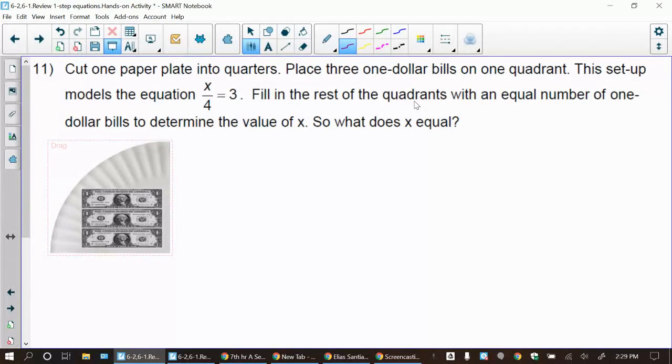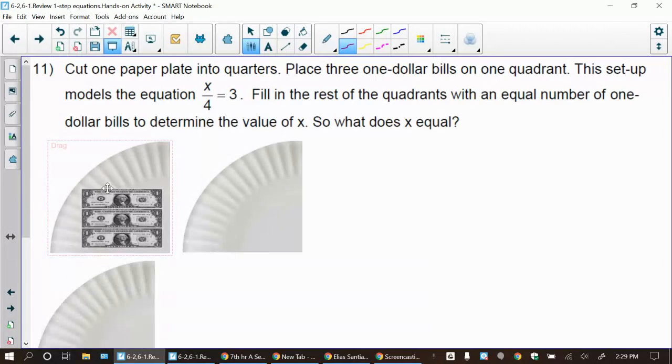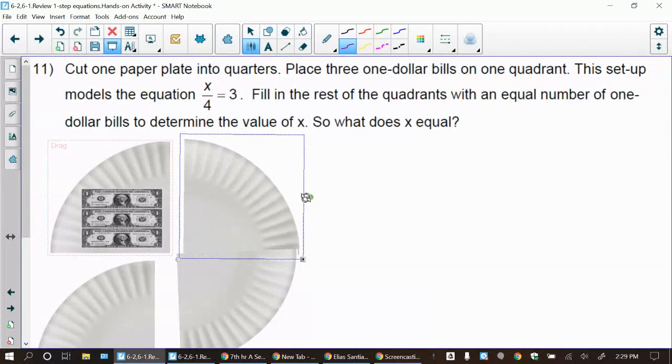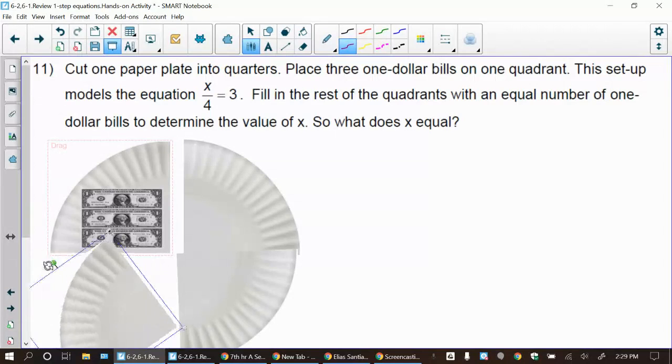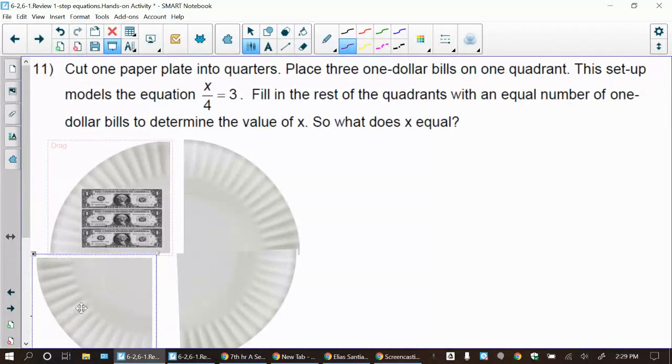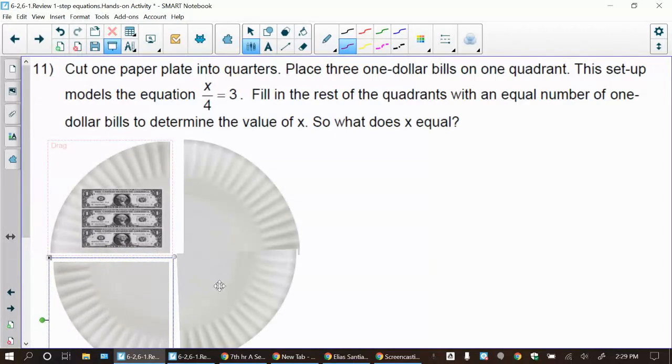Now we have to fill in the rest of the quadrants. Okay, well, there should be quarters, right? So to make my whole thing, we need to make it into quarters, right? There's my not really fancy plate, but it's a plate.